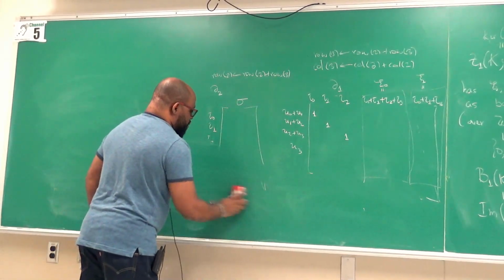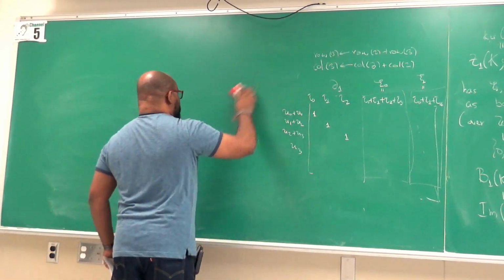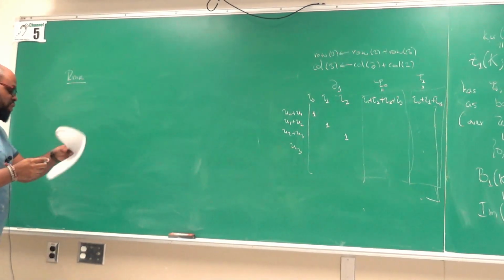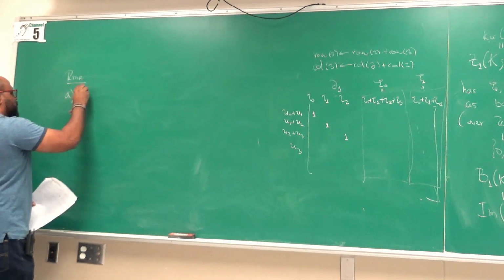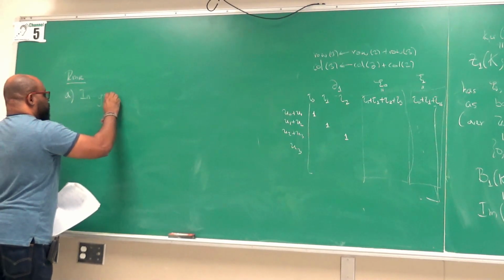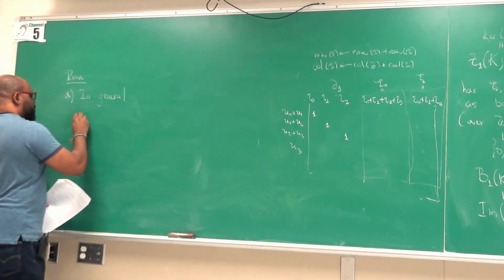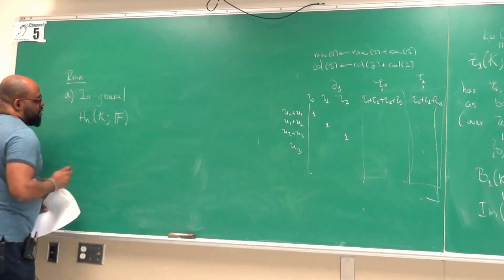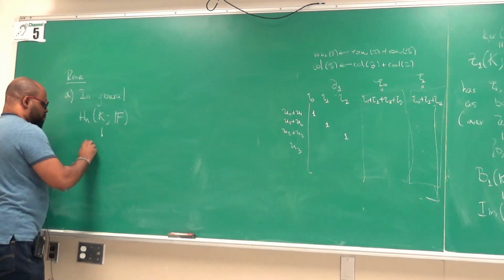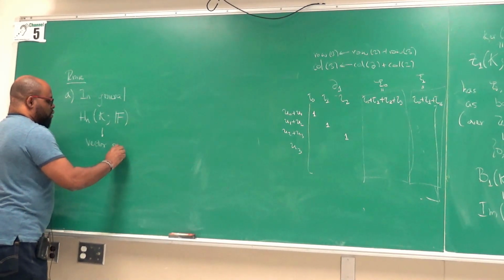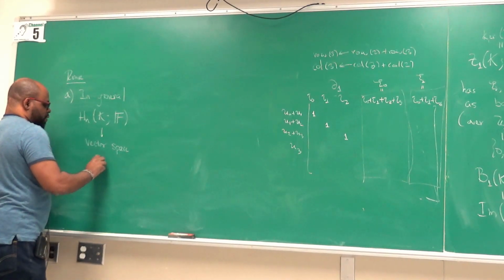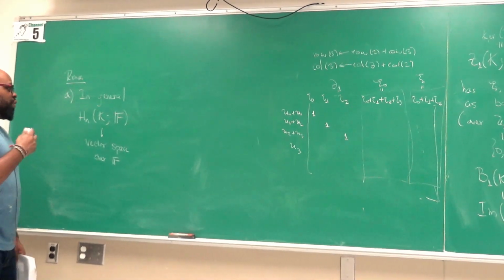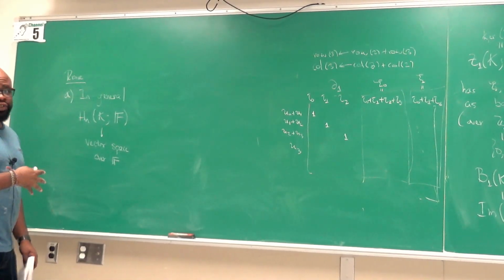So in general, when we compute the homology of a space with coefficients over a field, this is going to be a vector space, again over F. So in the previous example, we got a vector space of dimension 1, just sigma 2.